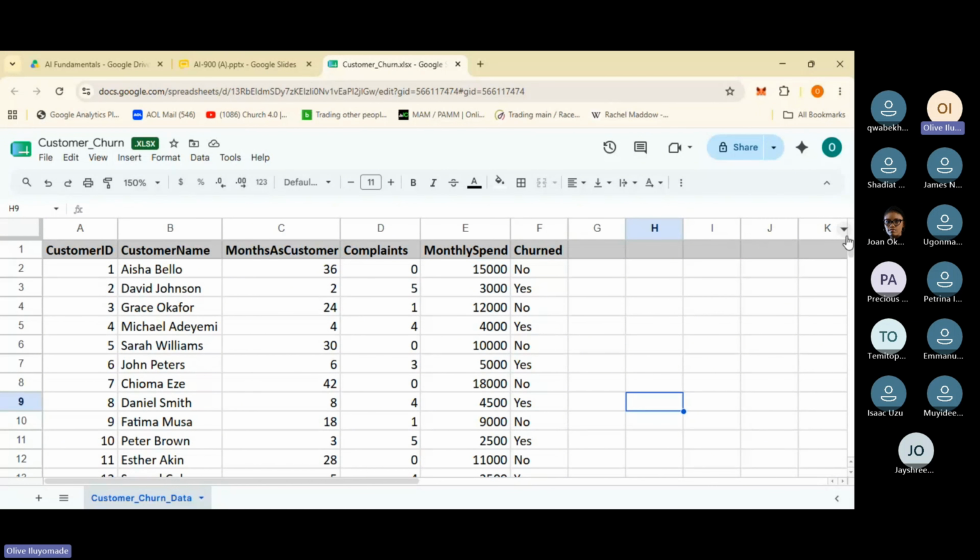And at the end of the day, yes, a company is made to look after its customers, but it is also meant to pay special attention to those who are at risk of leaving. Okay, risk of leaving. So this kind of data is very important.